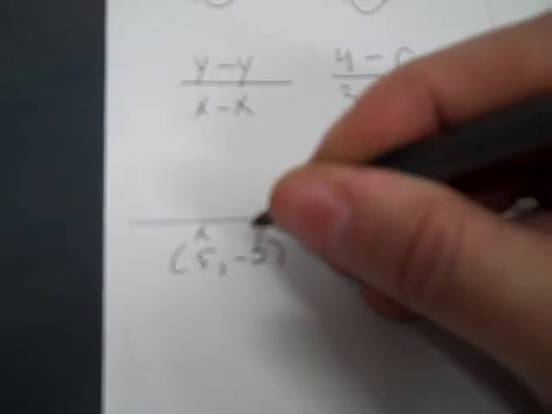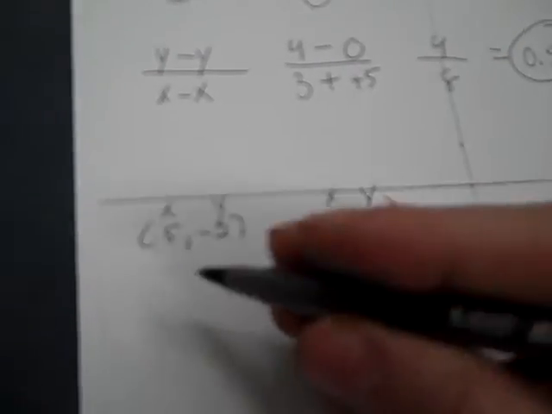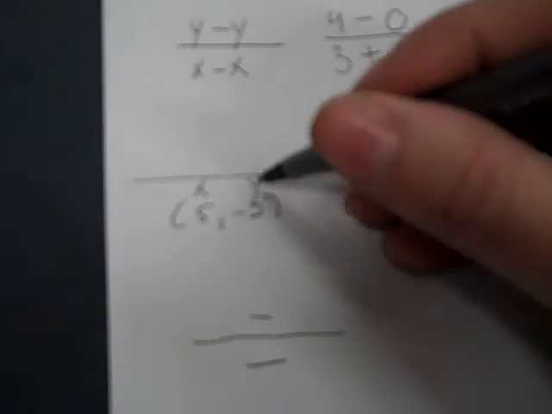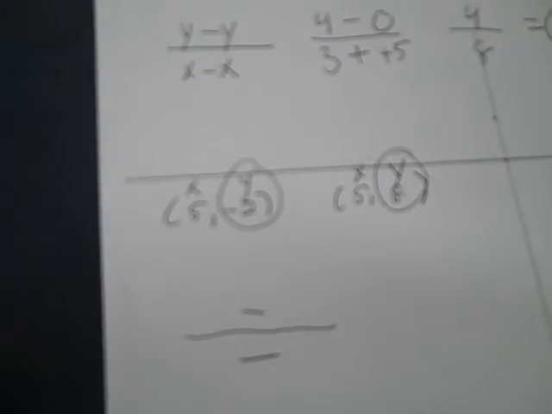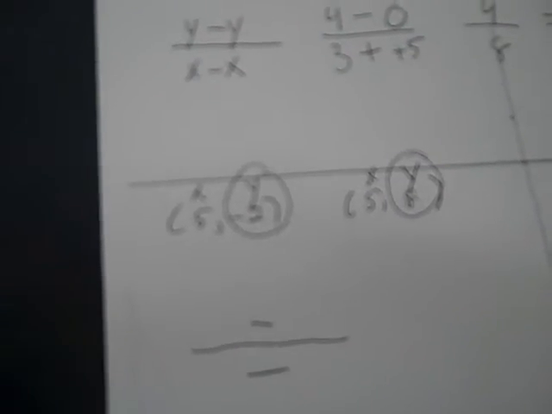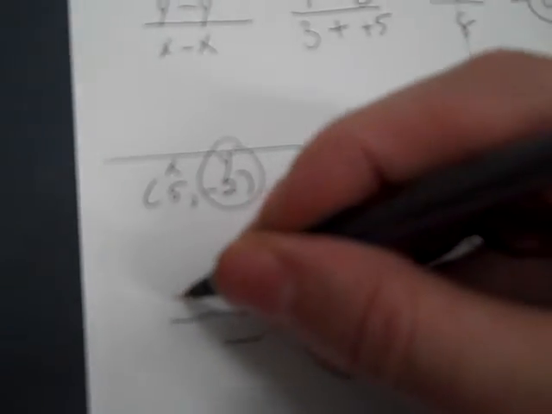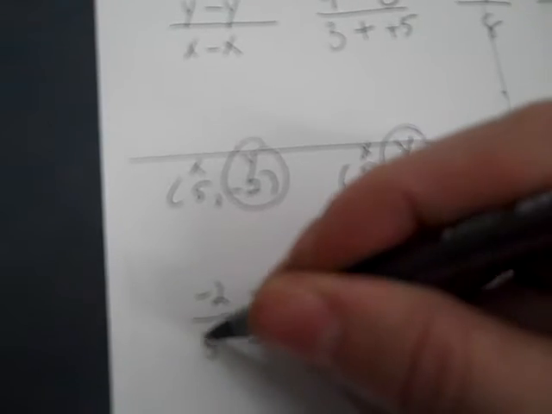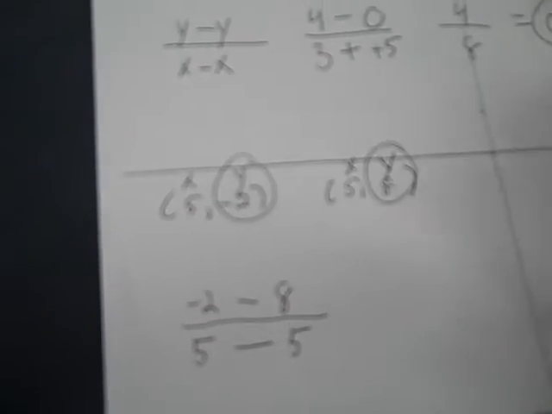Okay, x y, x y. I need to find the slope that runs through those 2 points. So the y's go on top. They have to go on top. So negative 2 and 8. And then 5 and 5.